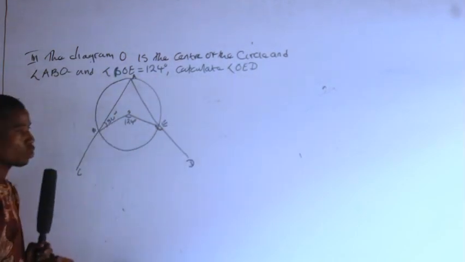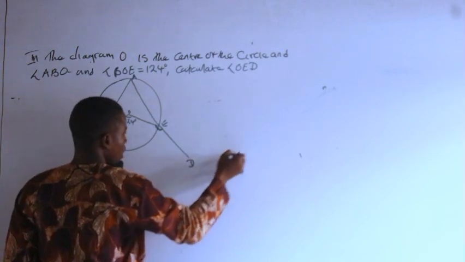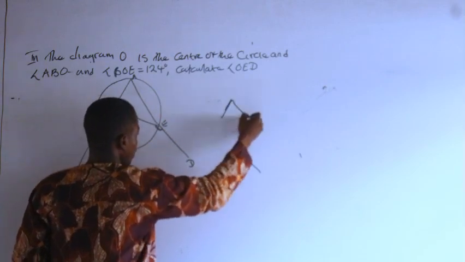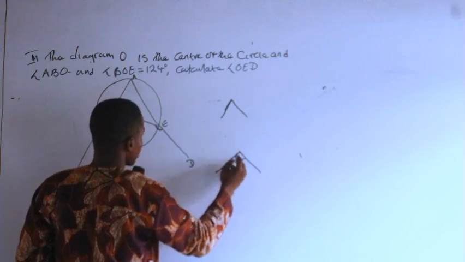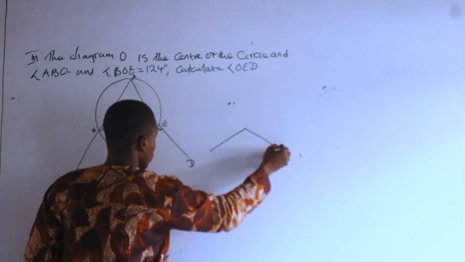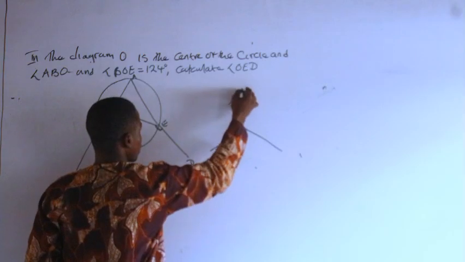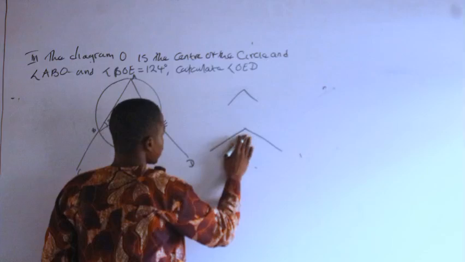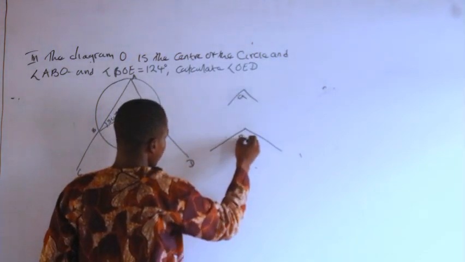OED. Now, the first thing that you need to know, which I told you several times, is that when we have a big one like this, and another one that is small like this, if this one is A, this one will be twice because it's big.